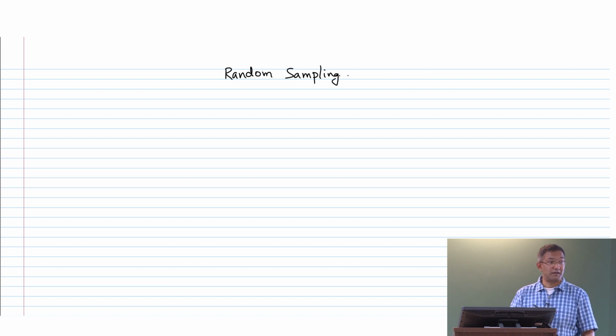So what we are going to do is to look at a completely different way of constructing epsilon nets that involves random sampling.